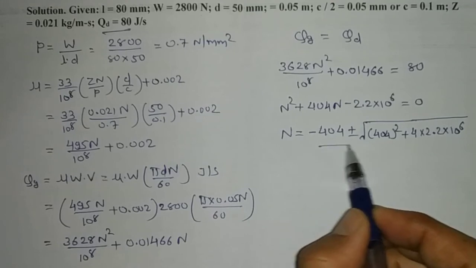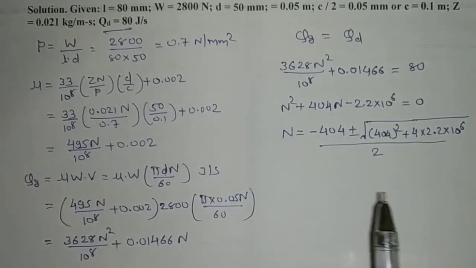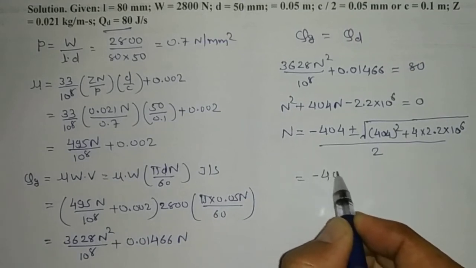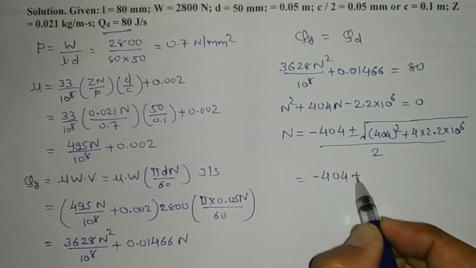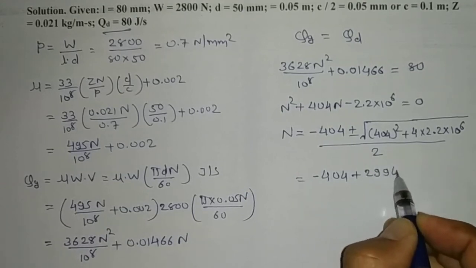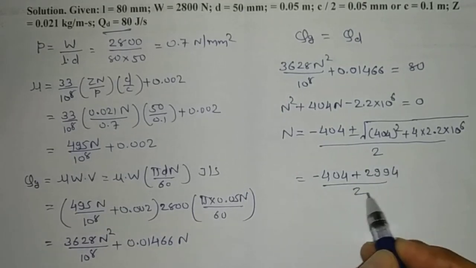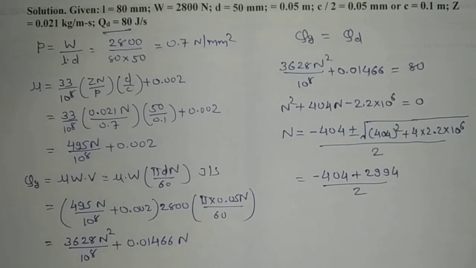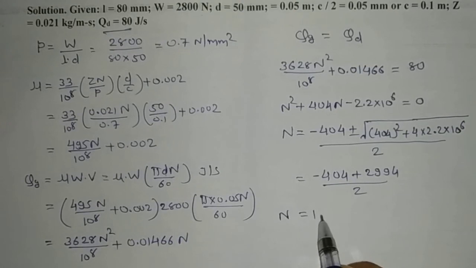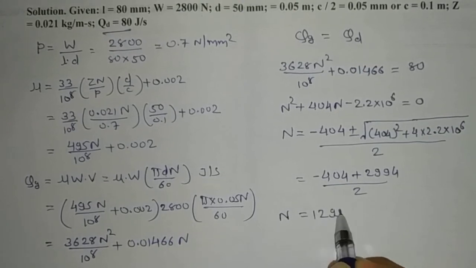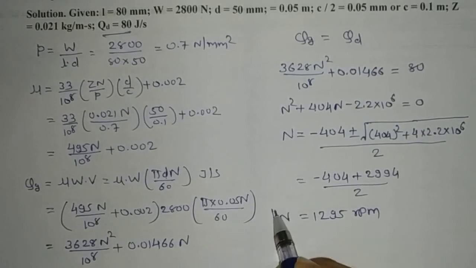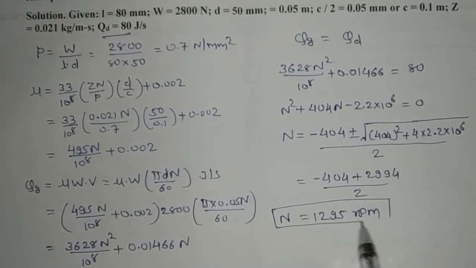So N is equal to minus 404 plus minus the root, which is 2994, divided by 2. From that we can find the safe speed is equal to 1295 rpm, revolutions per minute. Okay, so this is our answer.